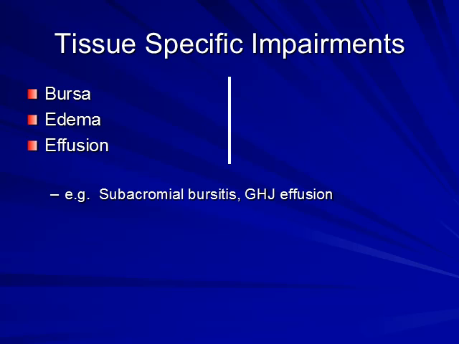So you name the specific location. If you just say the patient has calf edema, then you have the tissue and you have the impairment, but you're not specific enough. You want all 3 parts. For effusion, you name the joint. So if you have swelling inside the knee capsule, that's tibiofemoral joint swelling or patellofemoral joint swelling, or both, depending on what your findings were.